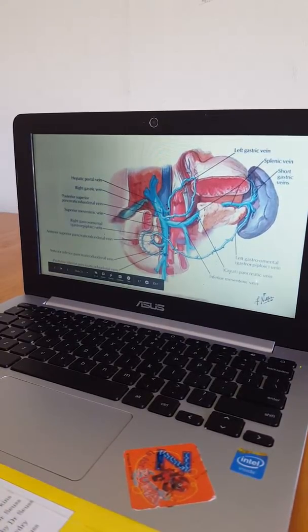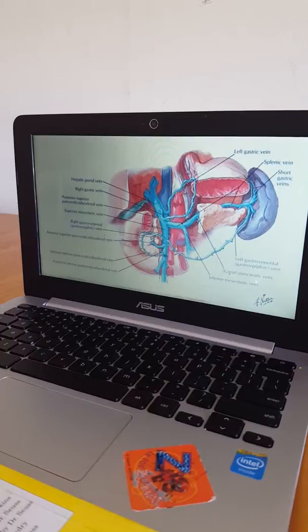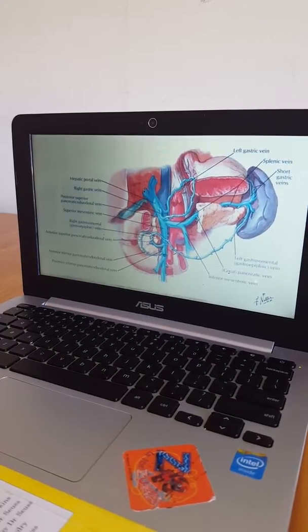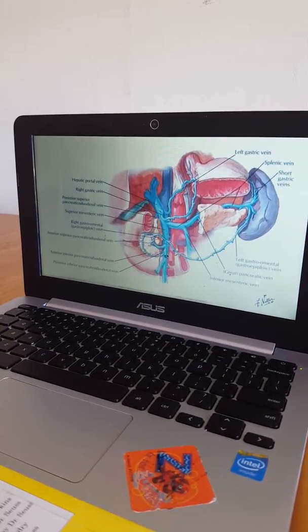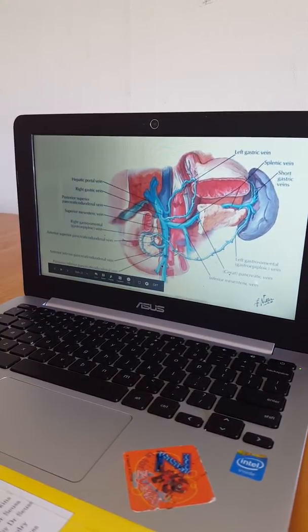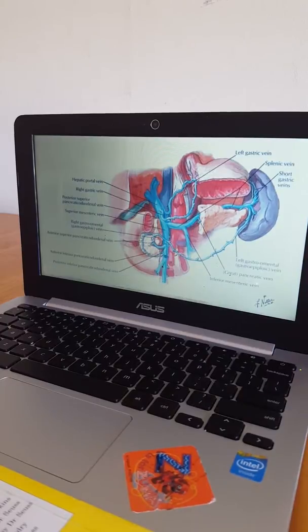So there are four important connections which we will do with respect to the organ. For example, if we are talking about the superior mesenteric, then it goes back, and then it happens to be in the rectal area. Hemorrhoids happen.